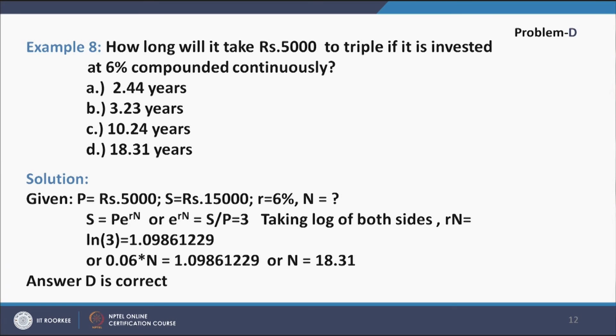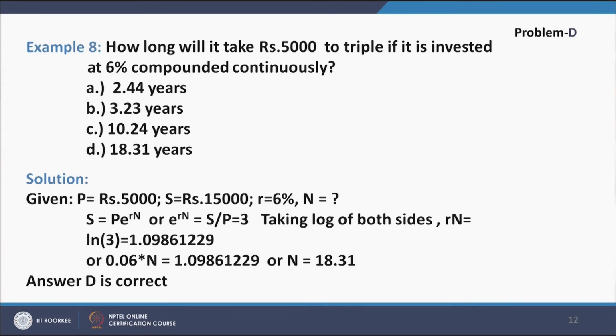So, we use again the formula for continuous compounding. S is equal to P e to the power Rn, or e to the power Rn equal to S by P is equal to 3, taking log both sides. Rn is equal to log 3 is equal to 1.09861229.